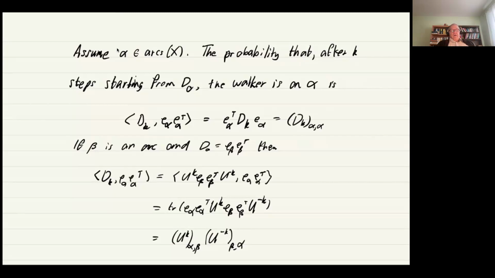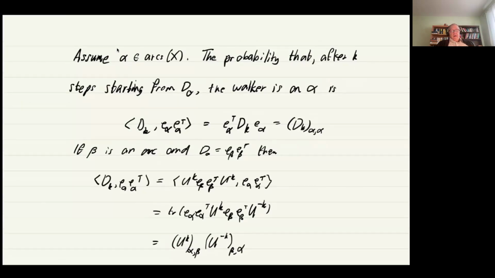Okay, so let's choose an arc alpha in X. First thing is probably, after K steps starting from D0, the walk is on alpha. Well, you've got a state D_K. You measure with respect to the standard basis.